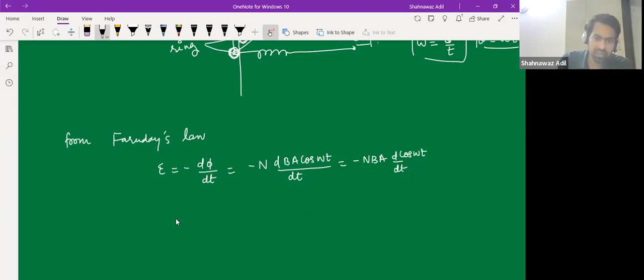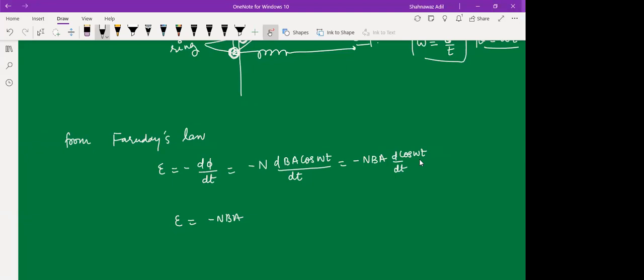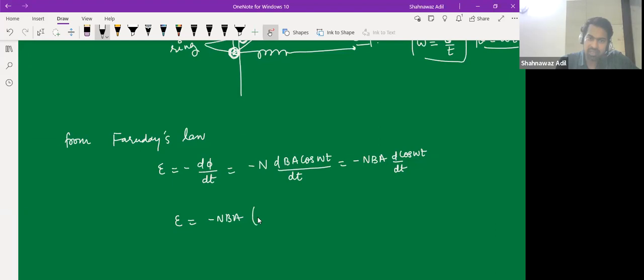So EMF generated would be minus NBA, and what is the differentiation of cos omega t? Yeah, that would be minus sine omega t.